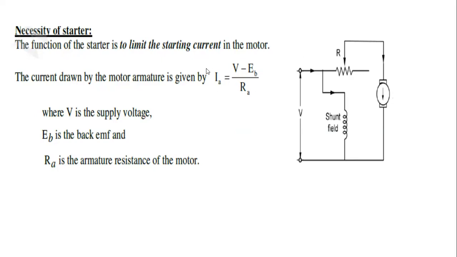This is the equation for the armature current: Ia equals V minus Eb by Ra. Therefore, the armature current Ia is inversely proportional to the armature resistance.